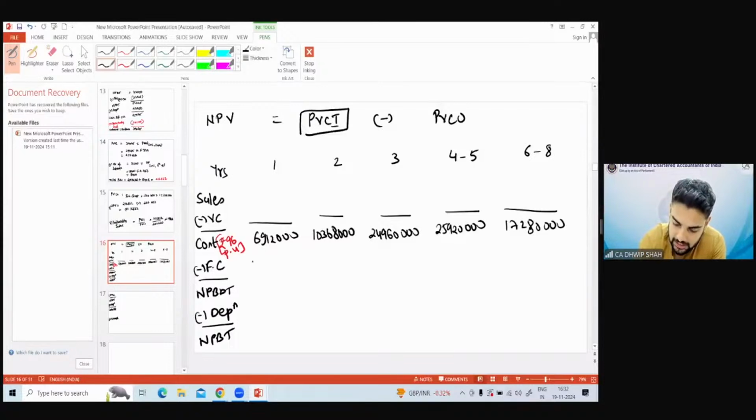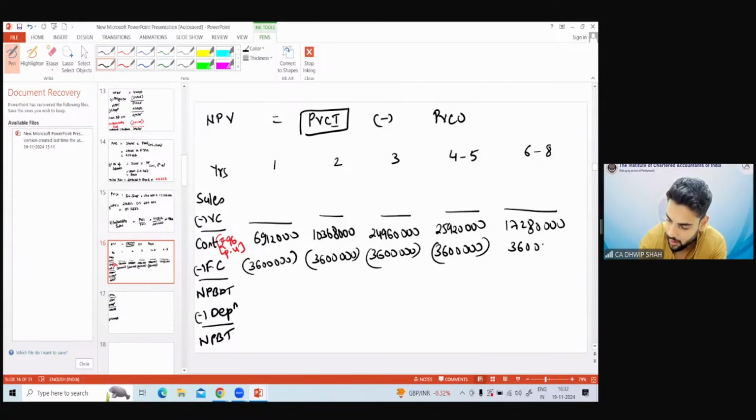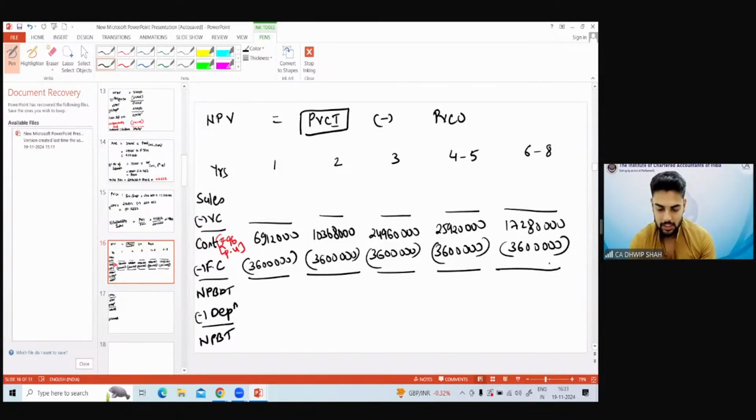Fixed cost is 36 lakh per annum. Yes or no? And fixed cost remains constant every year. I don't need to explain for fixed cost. So my NPBDT in this case would be 69 lakh 12,000 minus 36 lakh. Students, you also simultaneously calculate along with me. You also solve.